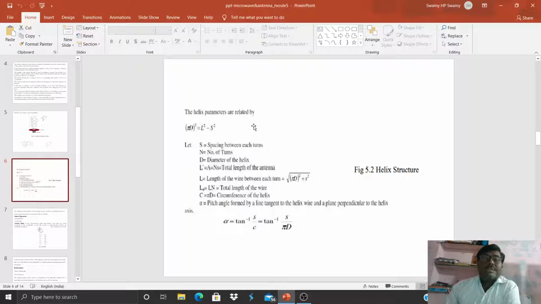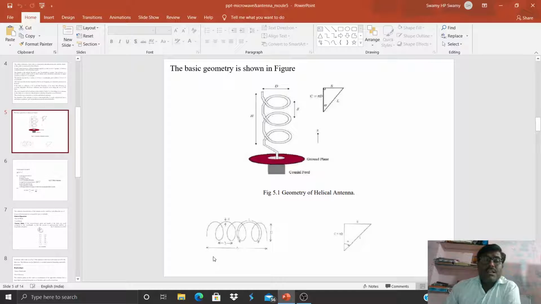They are related by pi D squared equals L squared minus S squared. L is the length from one end of the helix to the other, or it may be called H. S is the distance between two rings of the spring, measured from one ring center to the other.